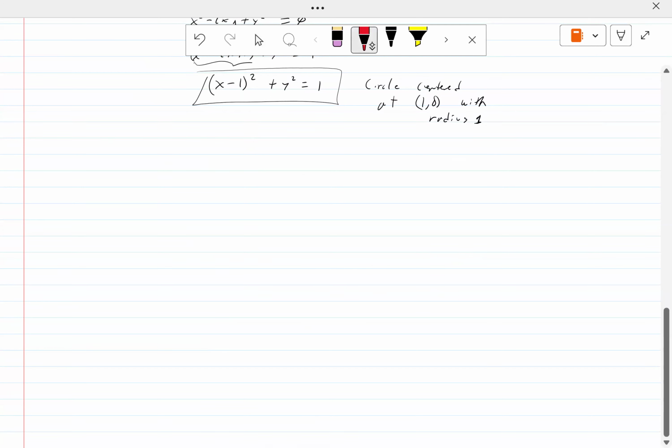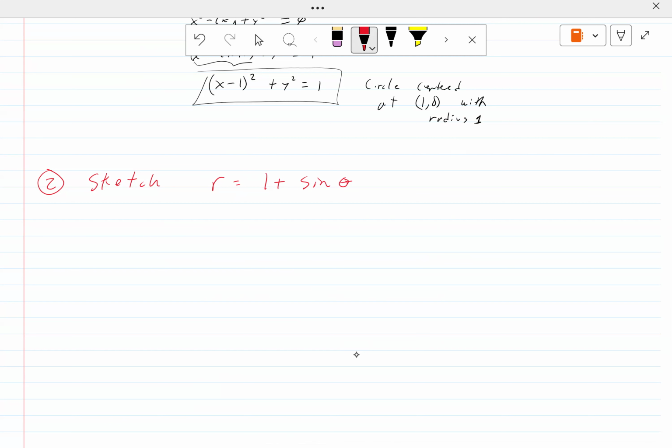Okay, let's try another one of these. Let's sketch r equals 1 plus the sine of theta.